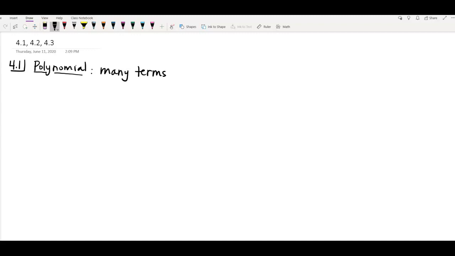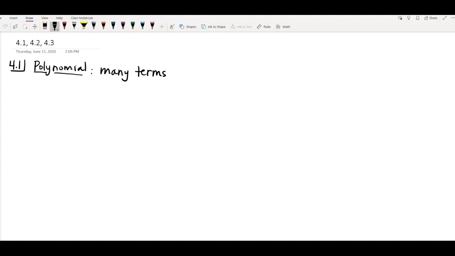So let me write down this polynomial, and then I'm going to pick out different parts of it and tell you about these, because I'm going to be using terminology that I want to make sure you're familiar with. Sometimes that's where it can be confusing: I don't understand what she means by coefficient, or the leading term, or what descending order is.